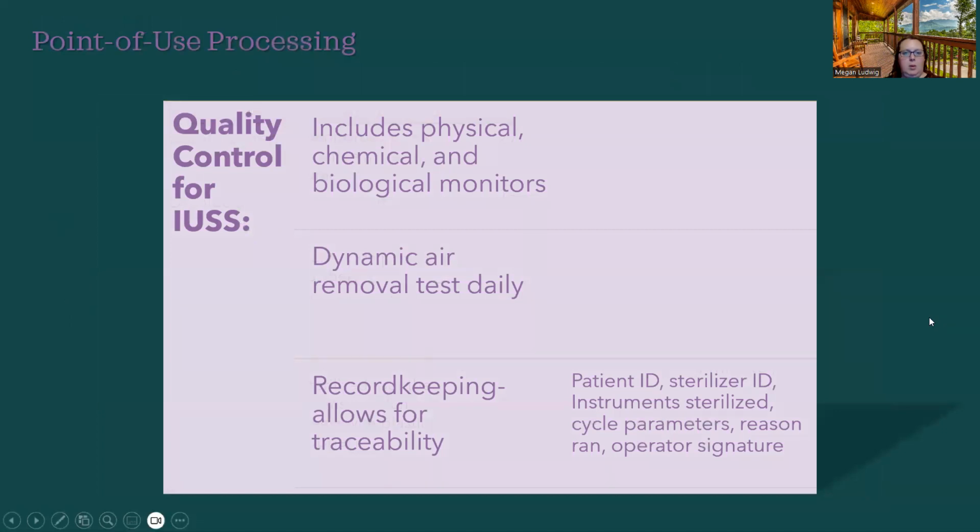So still talking about your immediate use steam sterilizer, some quality control measures, okay? When you're running those loads, you have to put in your indicators and your monitors. So remember, your chemical indicator is usually a strip of paper that will change colors if the conditions for sterility were met, okay? You'll also run a biological indicator or biological monitor. So remember, the difference there is the chemical indicator just tells you that the conditions were met for sterilization. But the only true way to tell if something is sterile or can be considered sterile is a biological monitor.